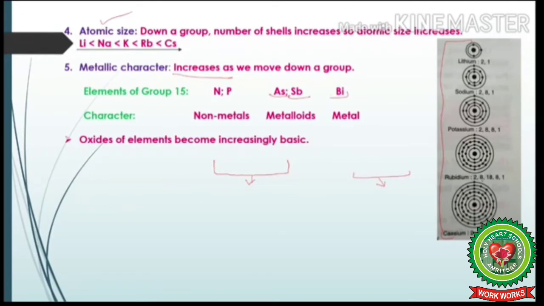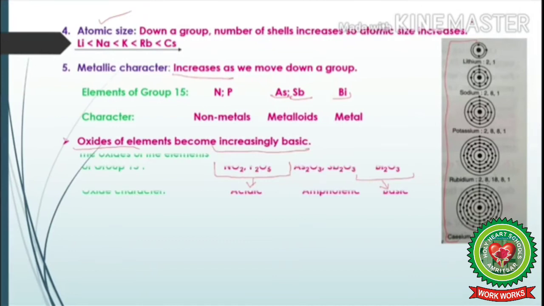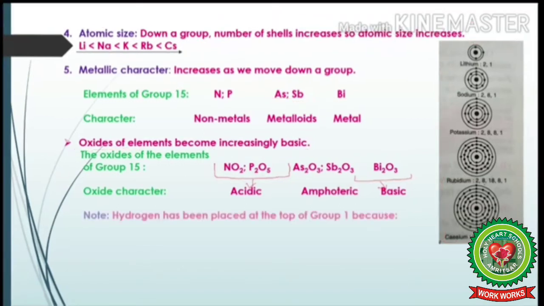Due to this increase in the metallic character, the oxides of the elements become increasingly basic as we move down the group. If we take the example of oxides of the elements of group 15, then oxides of nitrogen and phosphorus are acidic in nature, whereas oxides of arsenic and antimony are amphoteric in nature, and the oxides of bismuth are basic in nature.